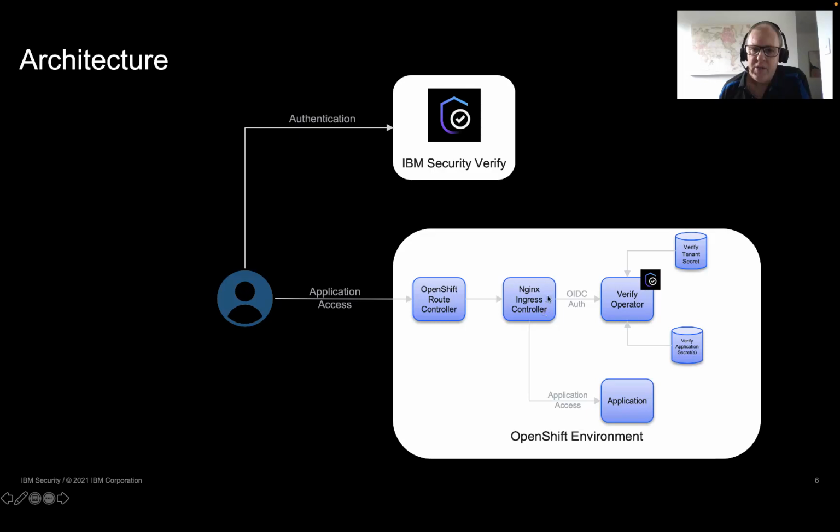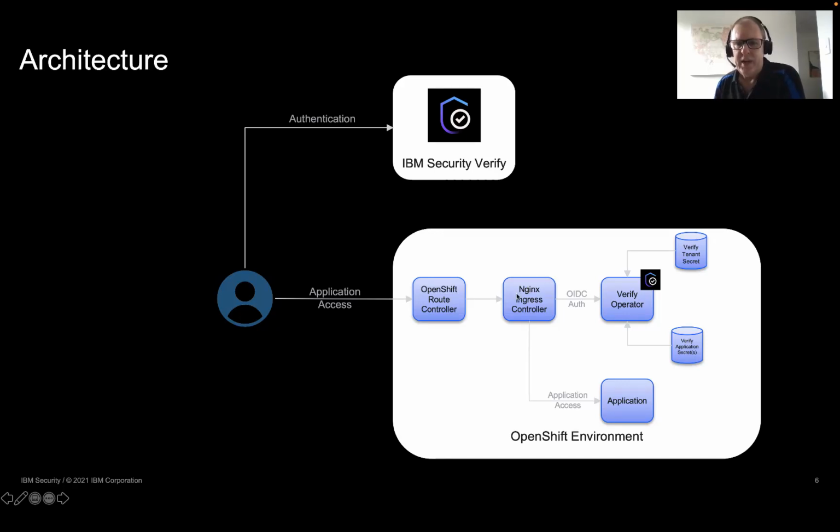We do rely on the Nginx ingress controller. So this is the thing that will actually process your ingress definitions and act as an entry point into your application. And it's front-ended in an OpenShift environment by the route controller. So the route controller is the thing that allows you to get access into your OpenShift environment. From there, we'll set up an ingress definition that will tell OpenShift to send requests for your application through the ingress controller.